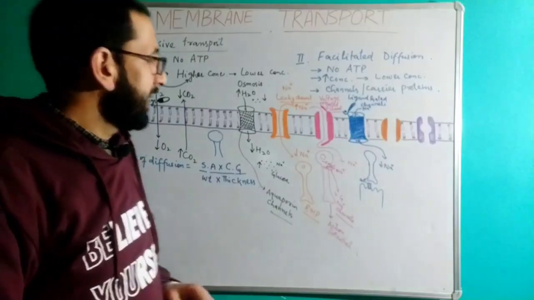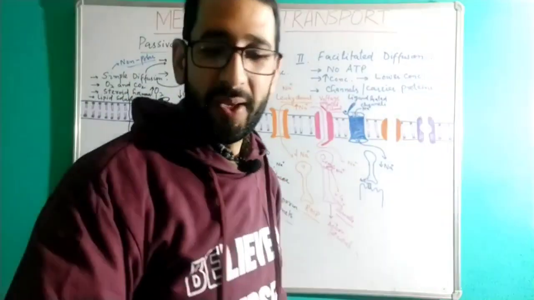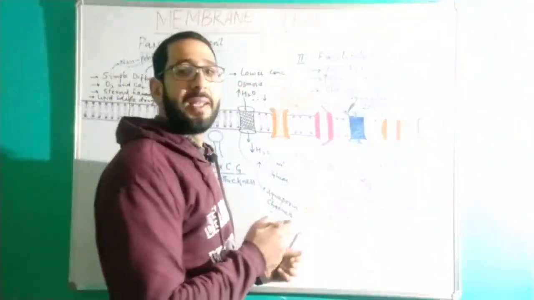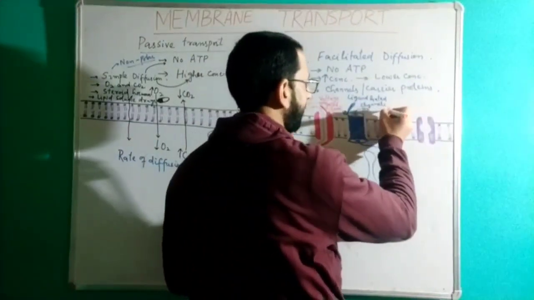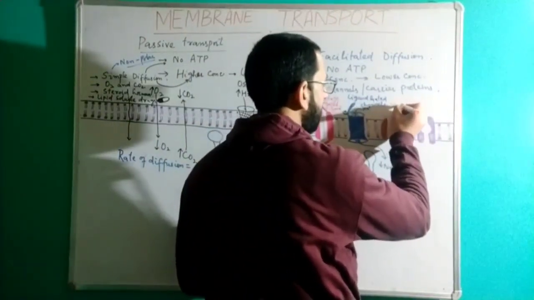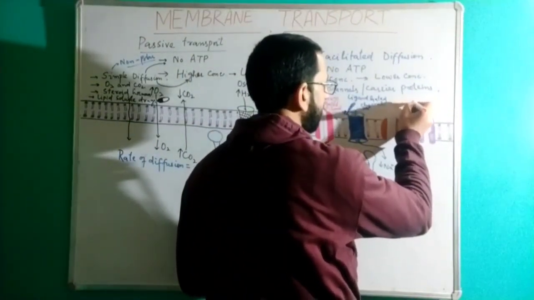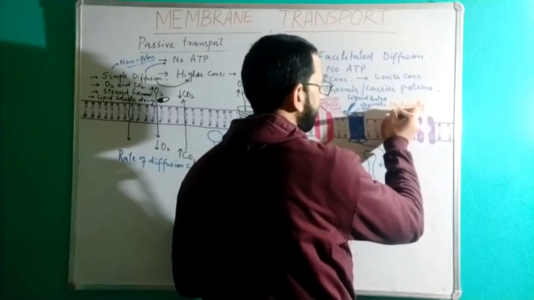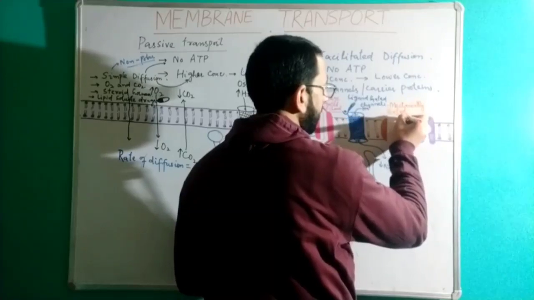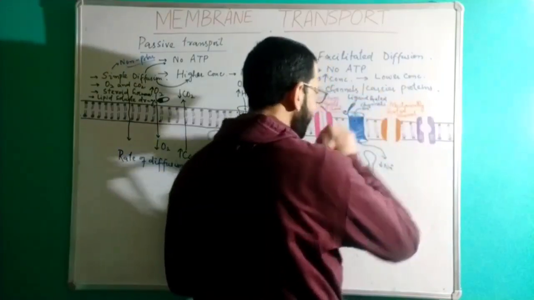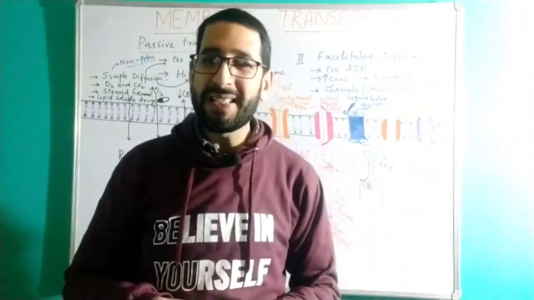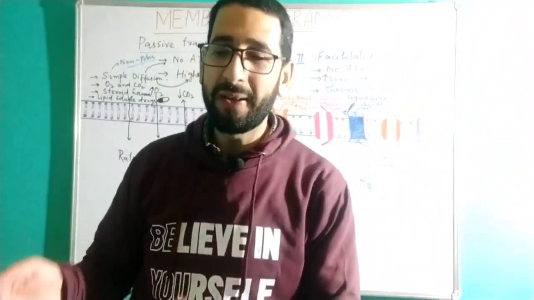Then the next type of channel for facilitated diffusion is going to be the mechanically gated channel. Very simple, it is a channel which is sensitive to a particular mechanical stimulus.